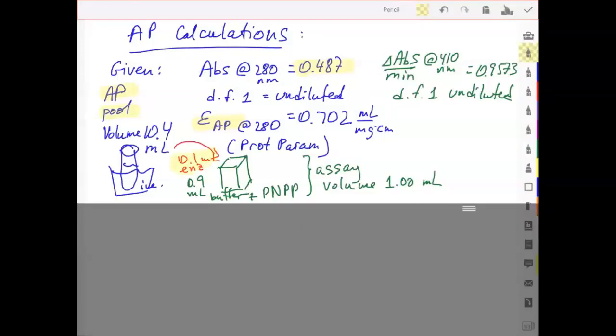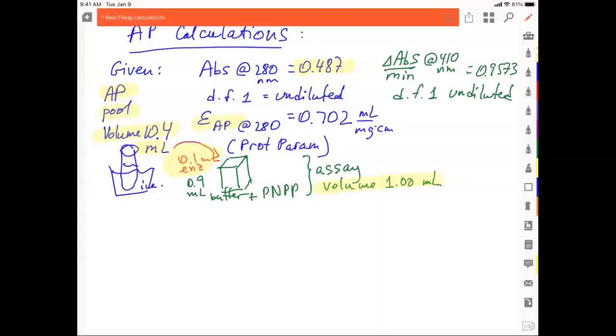So we have like 3 different volumes we're tracking. Total volume of all the purified enzyme, then 0.1 milliliter of enzyme goes into the activity assay, and then the assay volume is 1 milliliter. It will become important as we think about our calculations.